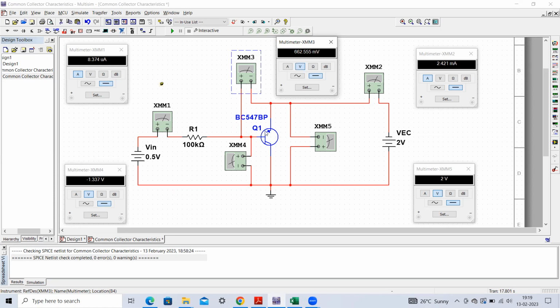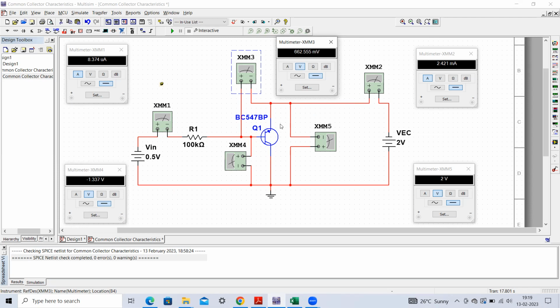So whenever this base to emitter terminal voltage is around 0.6 to 0.7 volt, then this transistor will get turned on and it will be conducting heavily. And at that time you will observe certain base current of significant magnitude. And similarly, you will get certain emitter current in this particular output loop, fine.